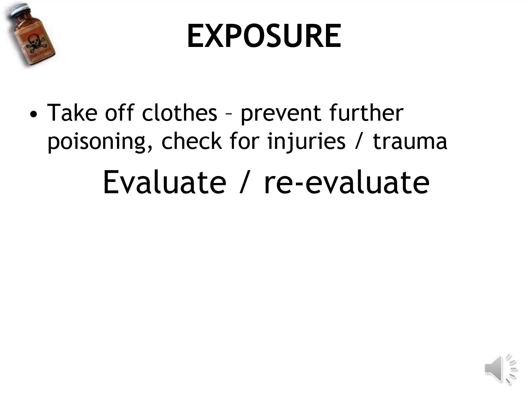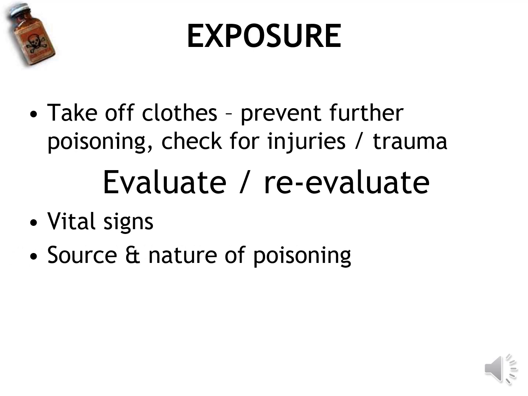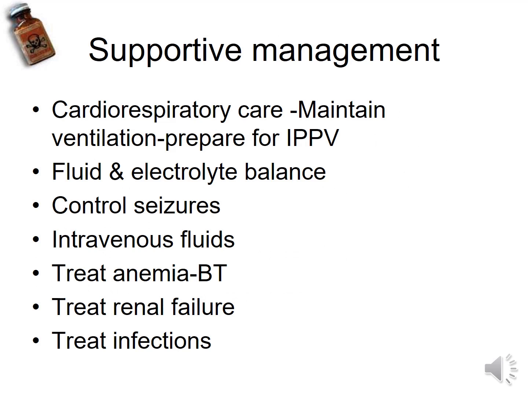Evaluate and re-evaluate. You need to evaluate and re-evaluate the different vital signs, the source and nature of poisoning. You need to evaluate clinical signs and symptoms, and treat with supportive management. Cardiorespiratory care is done by maintaining ventilation and perfusion, prepare for intermittent positive pressure ventilation and put the child on a mechanical ventilator if required.